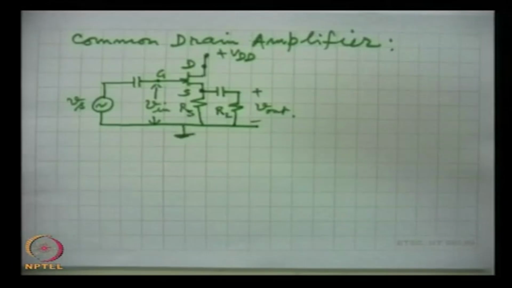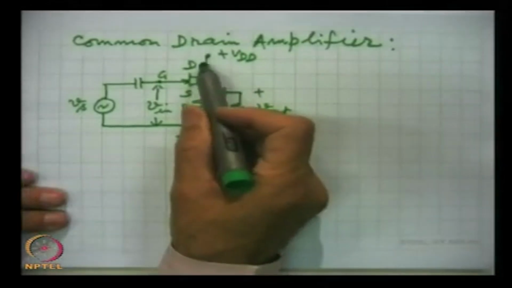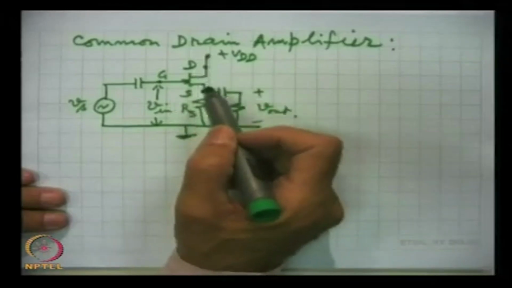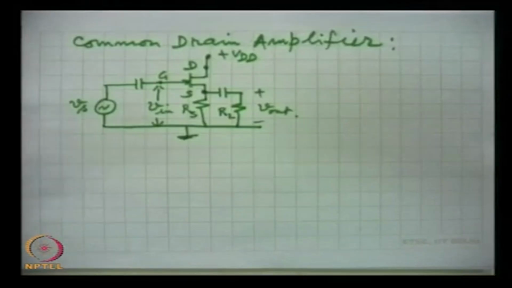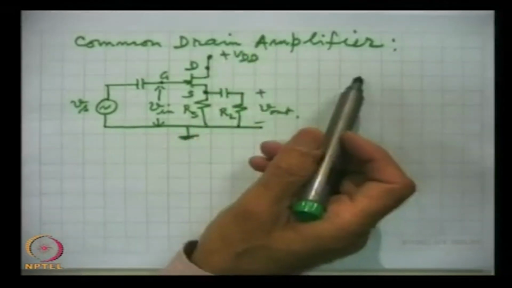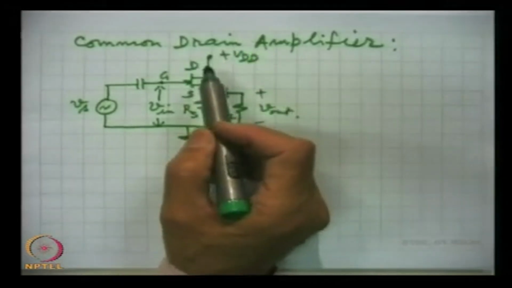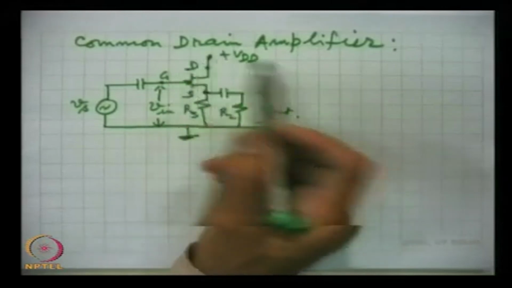Few features may be noted. One is that the drain terminal is directly connected to the DC source. When we draw the AC equivalent, this is to be grounded, as we have talked that AC equivalent circuits require that DC voltage sources have to be grounded.